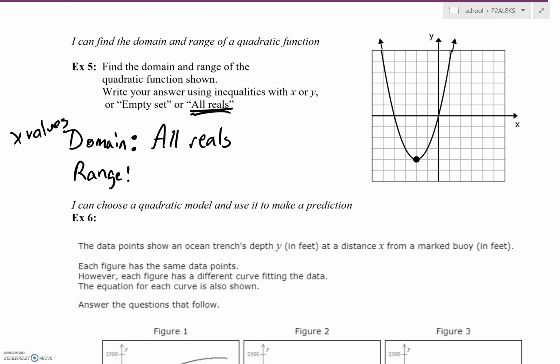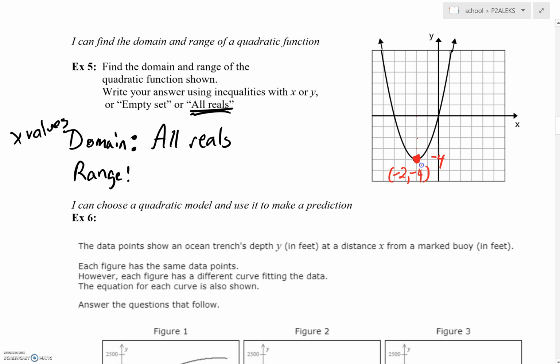However, when you look at the range, you're talking about Y values. Look at this vertex. You can see that this vertex is at -1, -2, comma, and then we'd go 1, 2, 3, 4 steps down. You can see that's your low point. And guys, your range is what kind of Y values you can have.